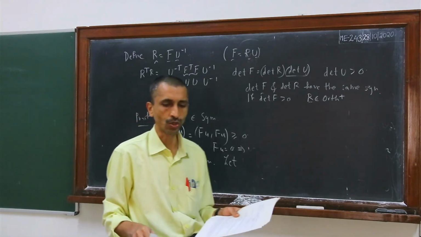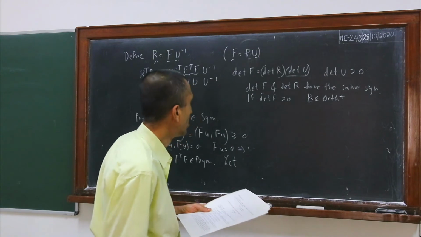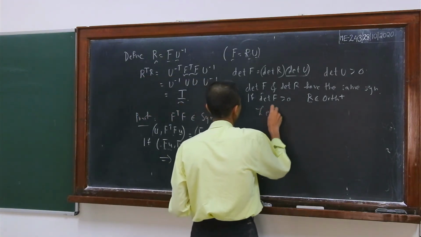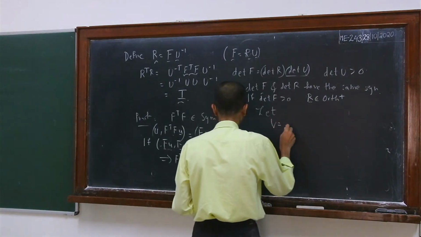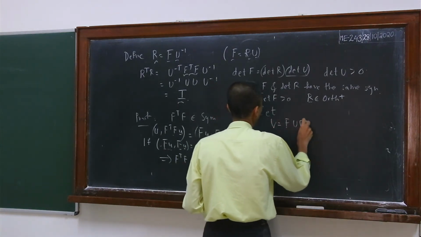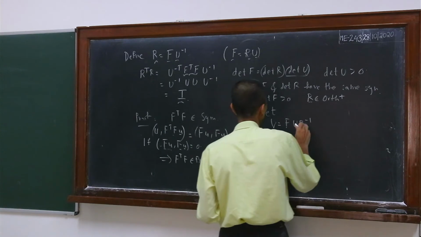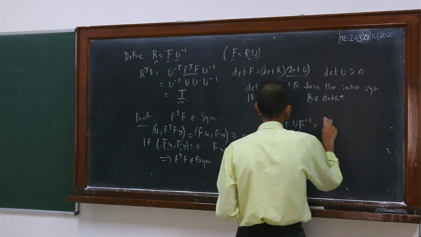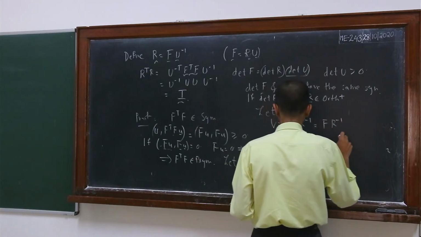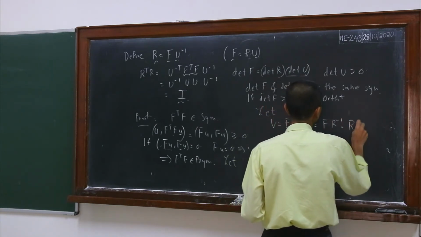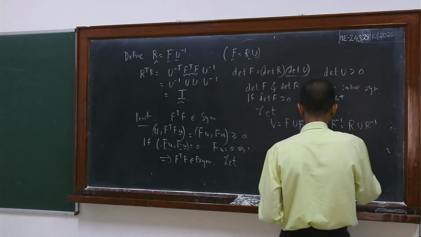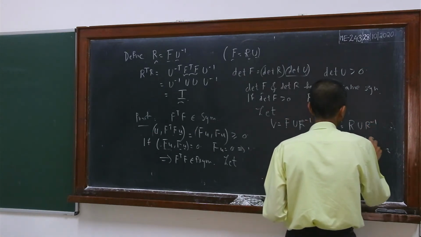Now we want to show that F is also equal to VR. So define V to be equal to F times U times F inverse. That is equal to F times R inverse, which is equal to RU times R inverse, which is equal to R times U times R transpose.